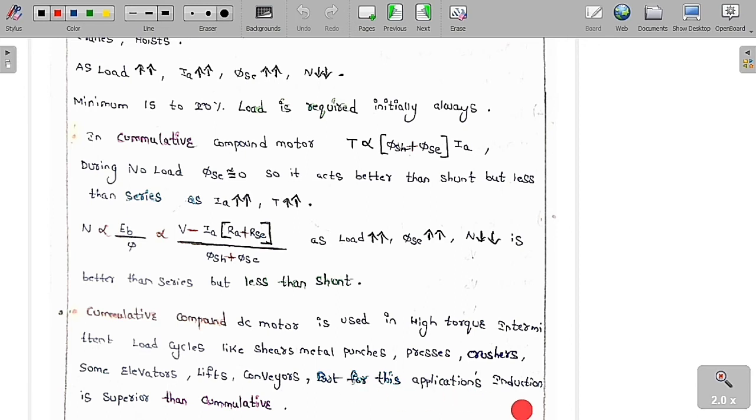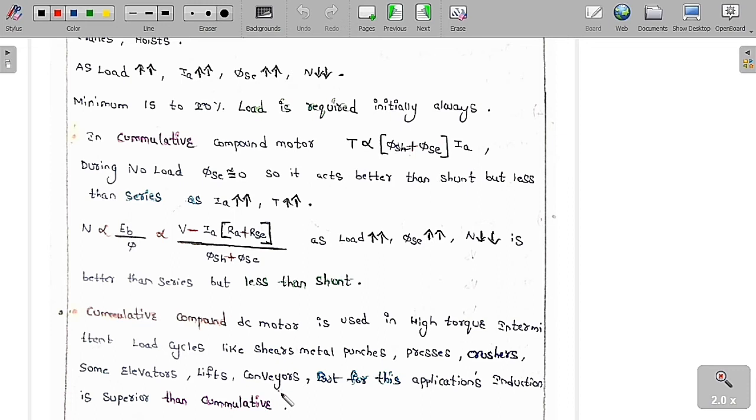But for these applications, induction motor is superior to the cumulative. This cumulative compound DC motor is basically used for high torque intermittent load cycles.